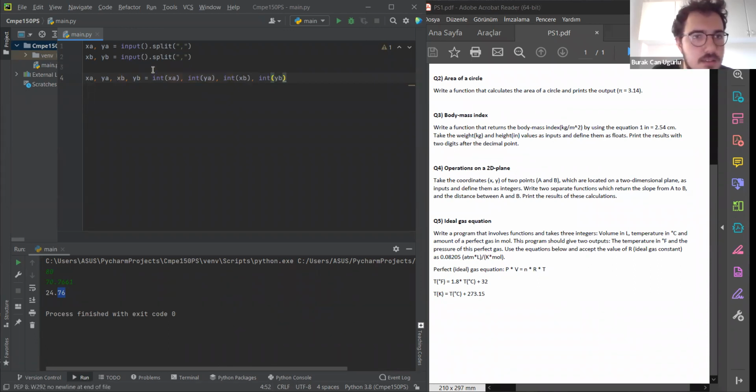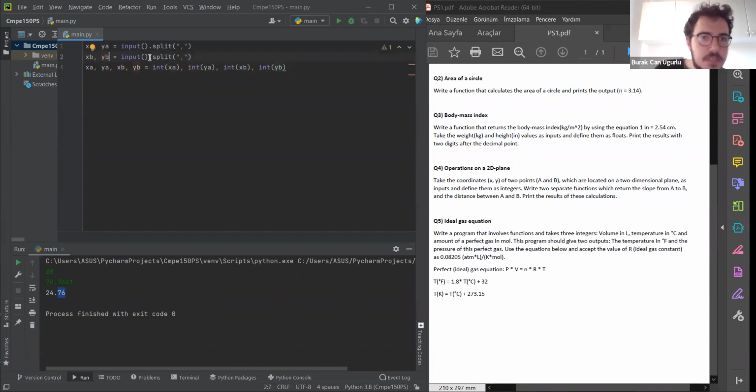So these three lines of code take the coordinates first of the point A, then the point B, and these values are split by a comma here, and then these values are converted to integers and assigned to their variables again.